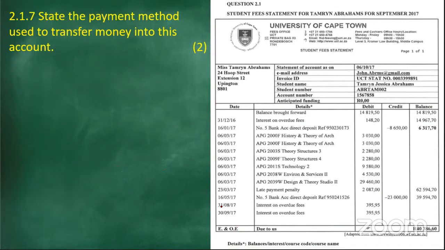You see here, this one was charged on the 31st of August. The other one was charged on the 30th of September. So that means she's not been paying fees ever since. She hasn't paid. So every month they charge interest over that amount.